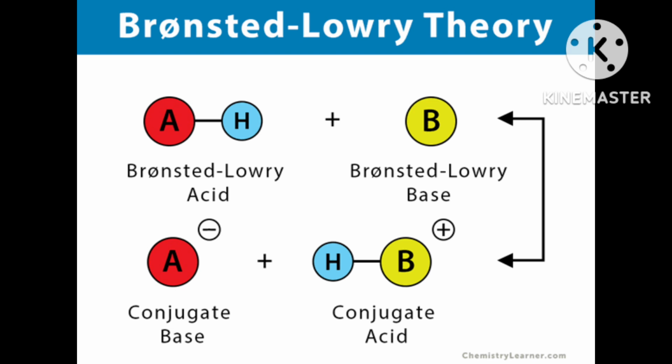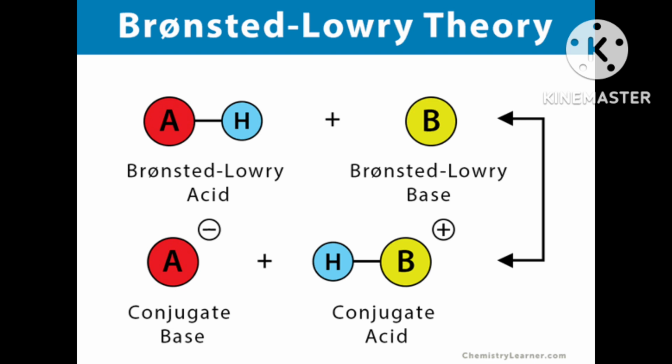OH minus can also donate an electron pair. Then to whom can they give? Who is lagging behind, the electron deficient species? It will give to that species. Hence I told you examples of species like H2O, NH3, OH minus, etc., which can donate a pair of electrons and can act as Lewis bases.